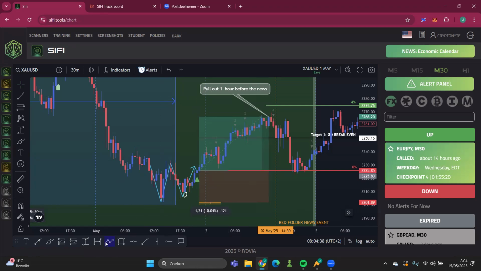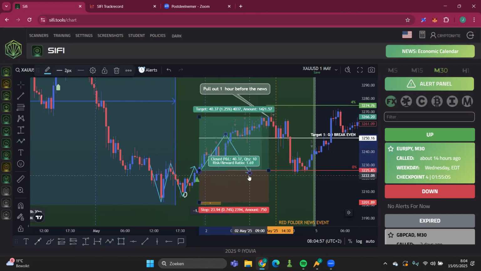We can be hit with a stop loss, which is just automatic, like out minus 2%. Fine. We can go to target 1 and then get hit with a break even. That's the second option. Also fine.